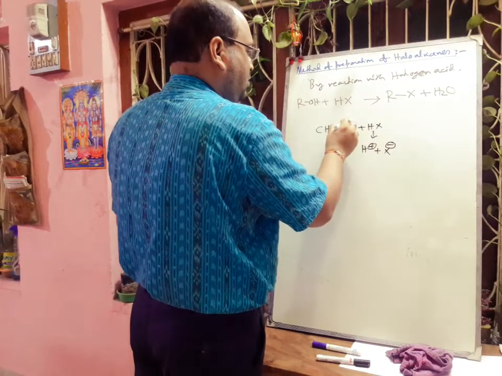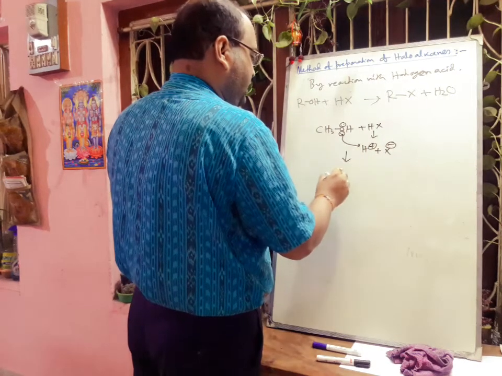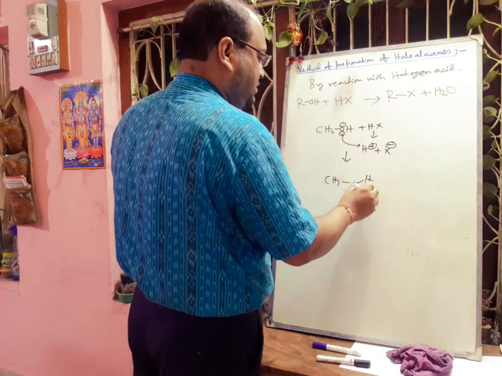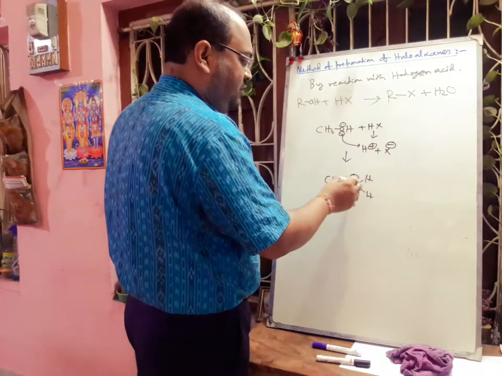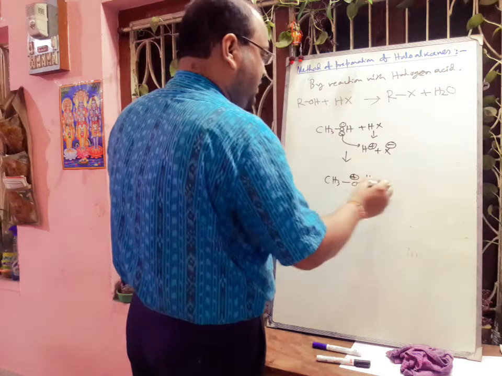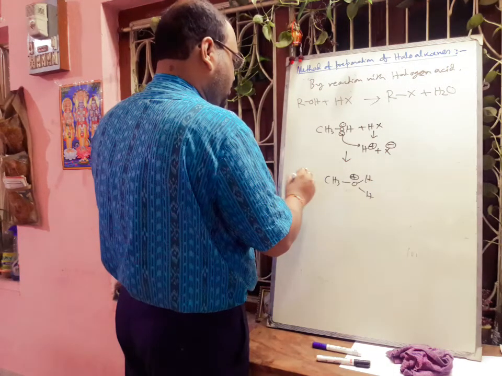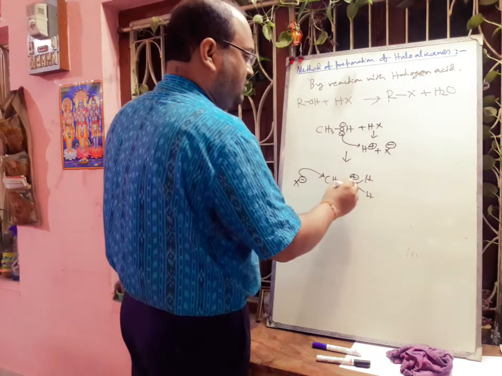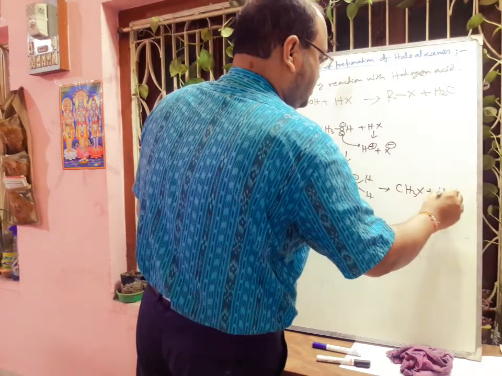So this lone pair will accept this proton, and finally we will get CH3OH2 plus. Now this OH2 plus becomes a very good leaving group by accepting this proton, and this X minus will attack from the back side. That is why it is called SN2. We get CH3X plus H2O.